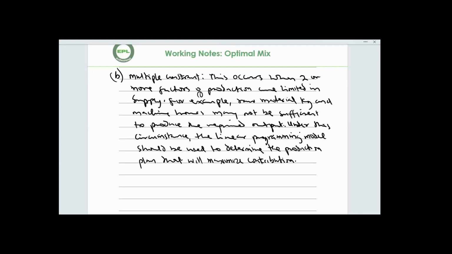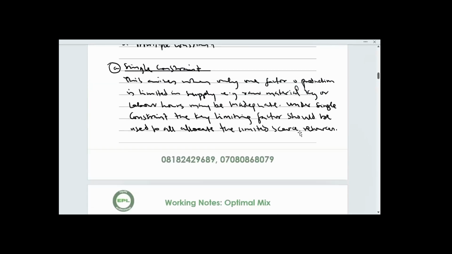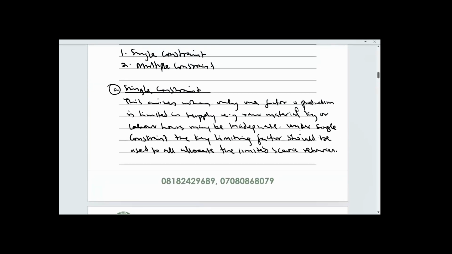I said that there are two types of constraints: single constraints and multiple constraints. Single constraints arise when only one factor of production is limited in supply. It may be that the raw material kilogram is not sufficient, or that the labor hours are not sufficient, but not the two.